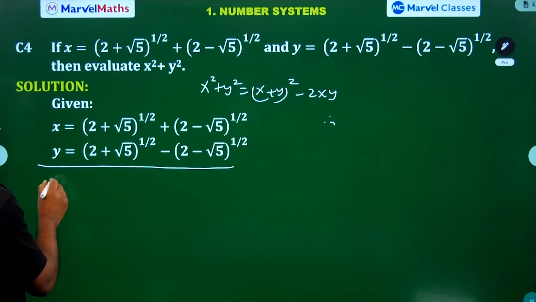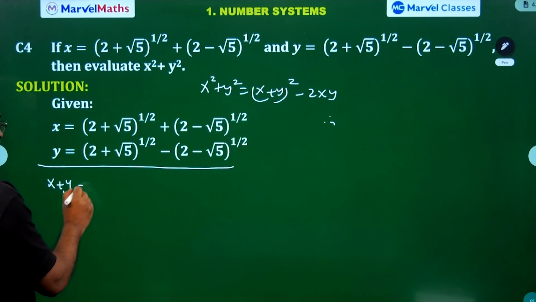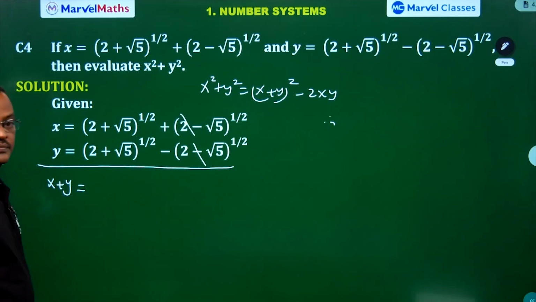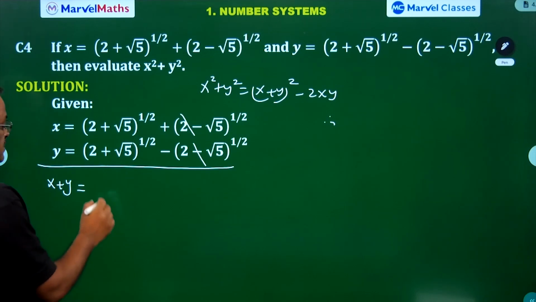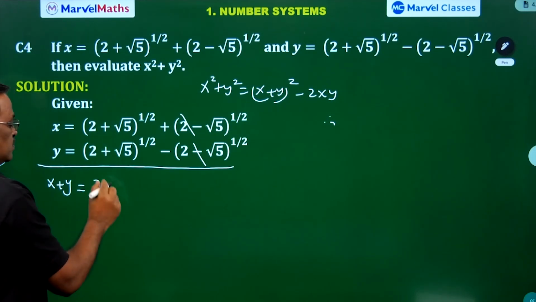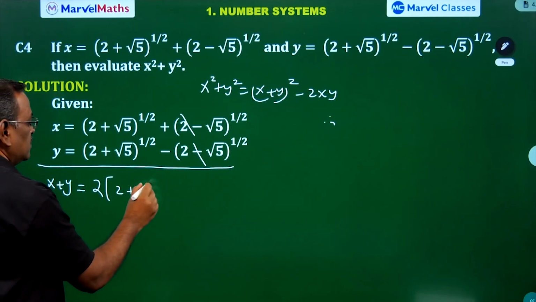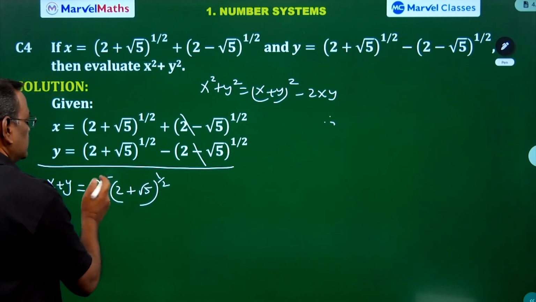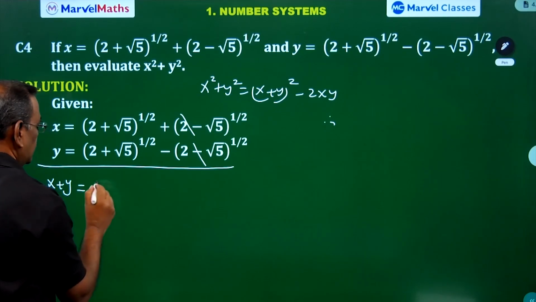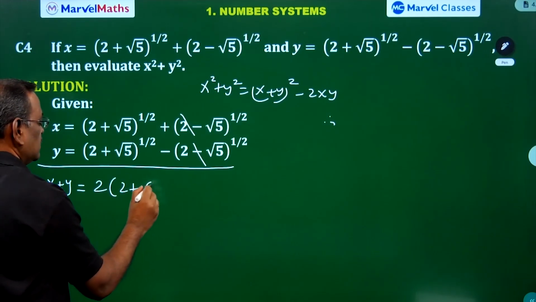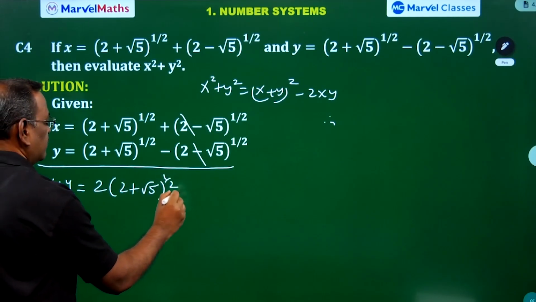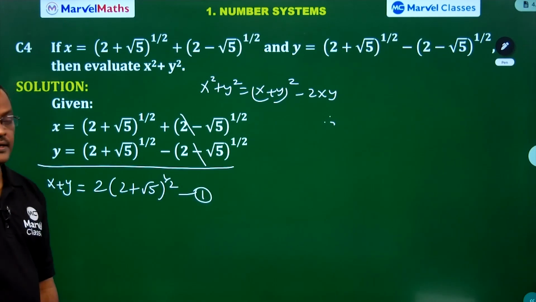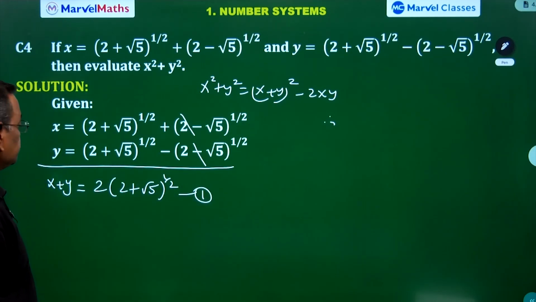If we add, what is x plus y? These two get cancelled, therefore x plus y equal to 2 times (2 plus root 5) whole power half. This is 1. Clear? So some value calculated.